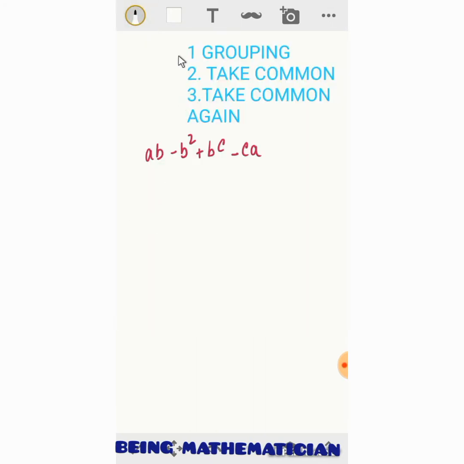Now first of all we group these terms: ab minus b square, plus bc minus ca.